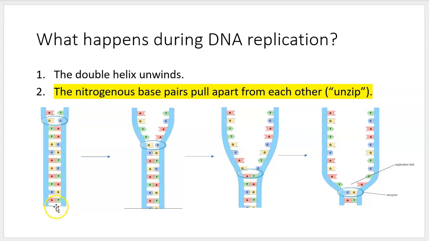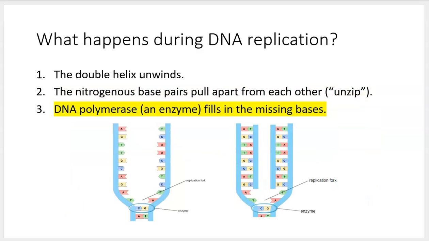The base pairs will split apart. You can see that happening here even more as the enzyme moves down, and then unzip a little more and unzip a little more. This section right here where the enzyme is splitting the DNA, we call that the replication fork. It's called the replication fork.